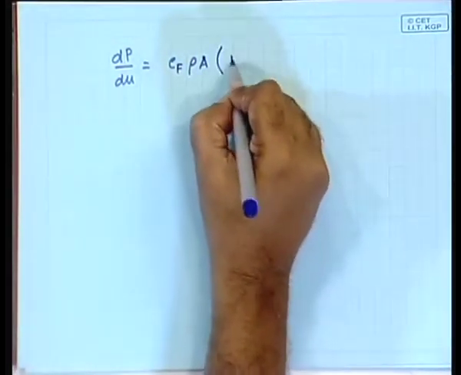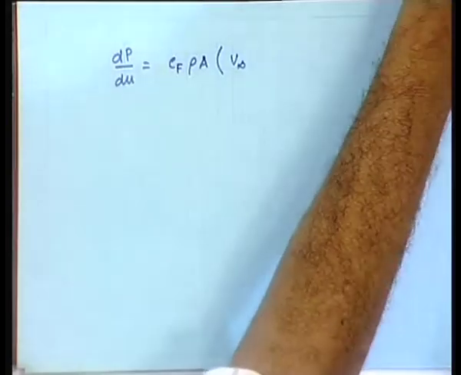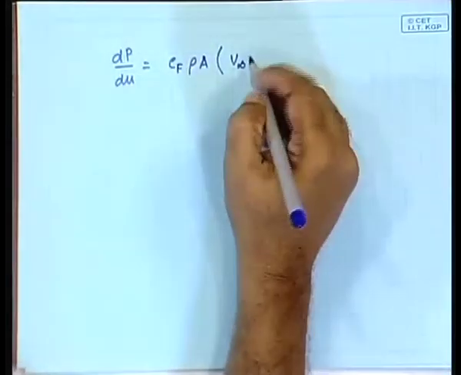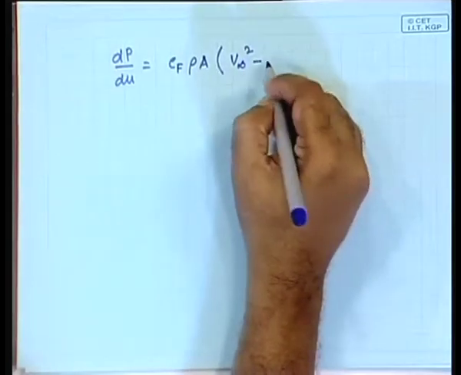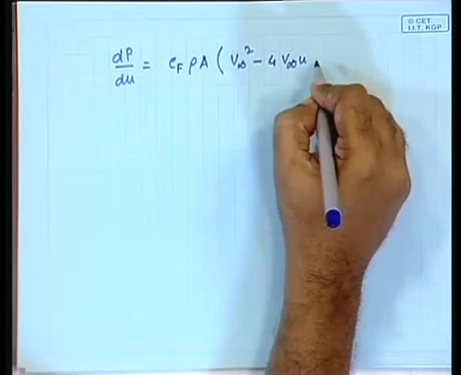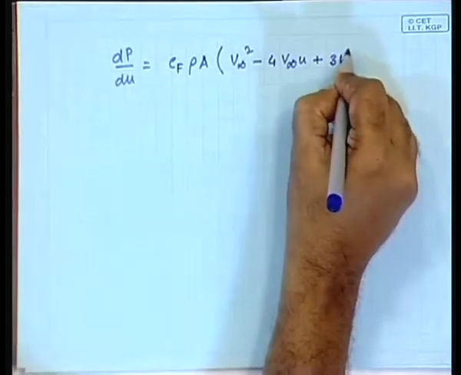First express it as a polynomial and then differentiate, that is easier. You get V infinity square minus 4 V infinity u plus 3 u square.